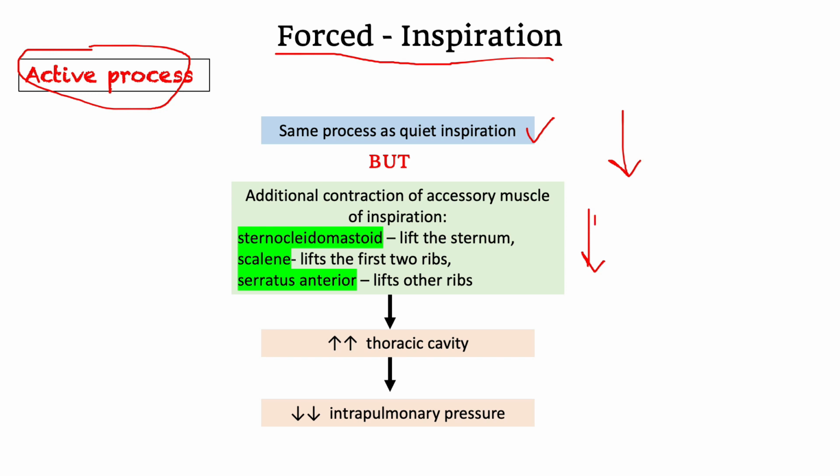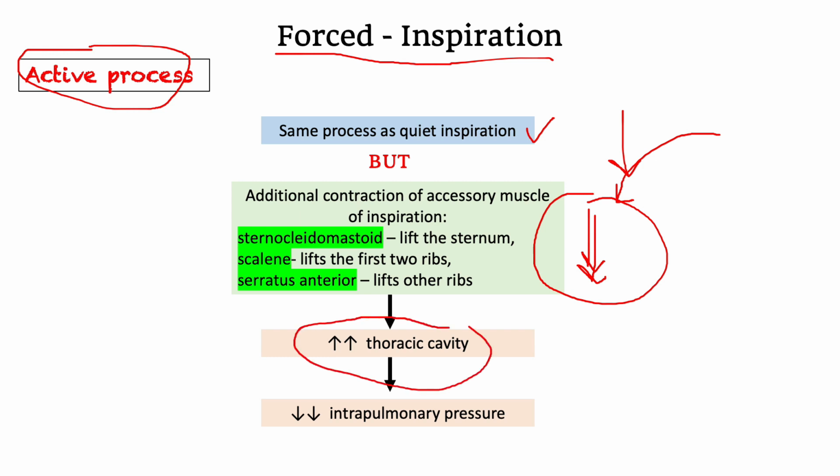So when the pressure is much lower, then more air will be able to come in from the atmosphere. So how do we achieve this lower pressure in the intrapulmonary area or inside the lungs? So by increasing more and more of the thoracic cavity size. So when we increase the thoracic cavity size, we are going to decrease the intrapulmonary pressure.